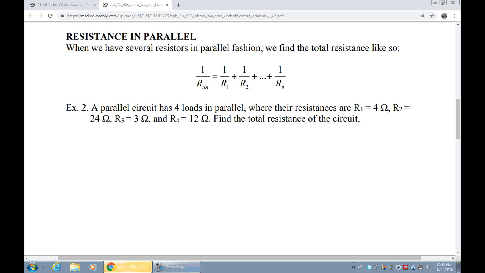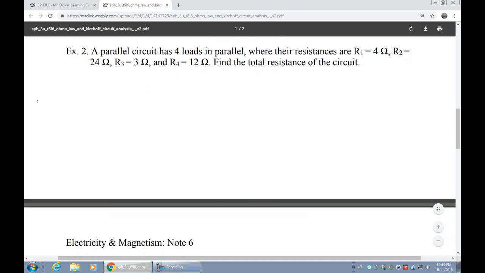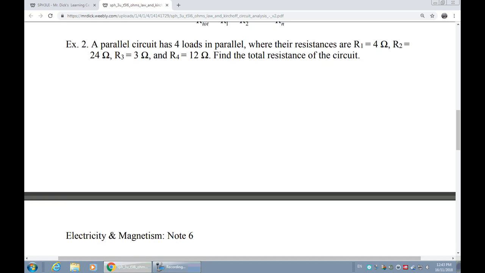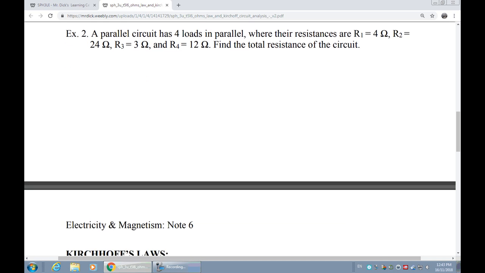So for example, let's say we have a parallel circuit and all 4 of the loads are on parallel paths, or paths that are separate from one another, parallel to one another. And we're shown the 4 resistances, and we're just trying to find the total resistance. So we'll write down what we have. We have our first resistor is 4 ohms.